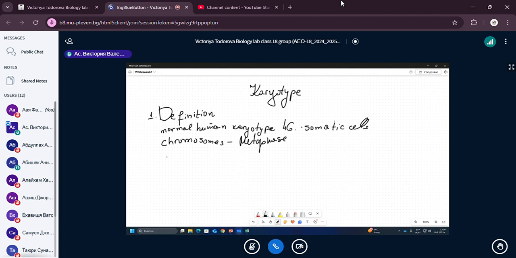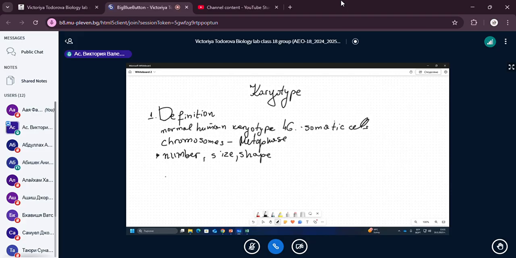So the definition of the karyotype first is the number, size, and shape of the chromosomes in the complete set of chromosomes in a somatic cell. This is the definition.